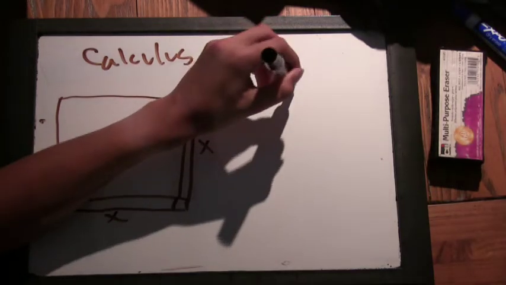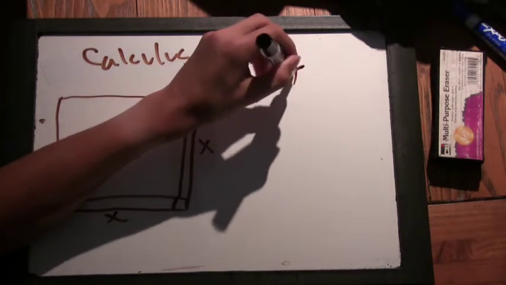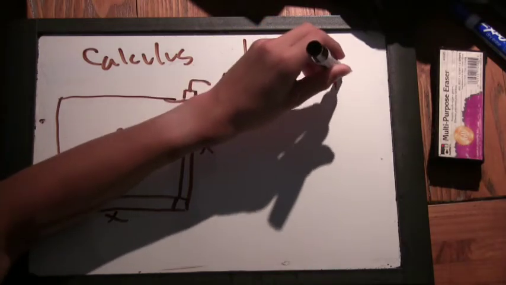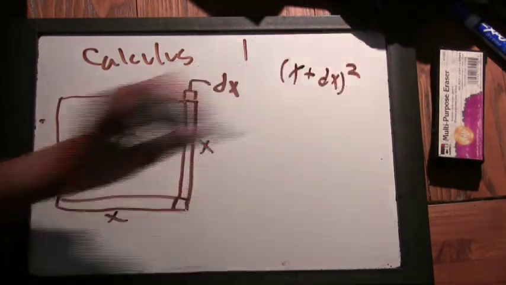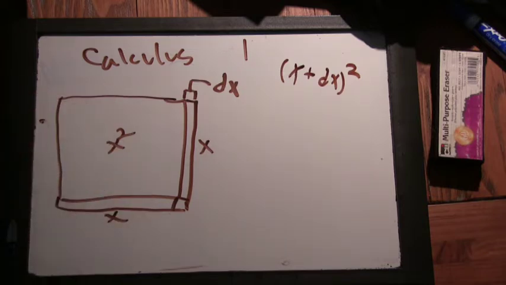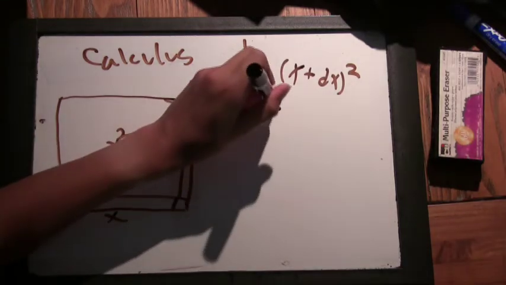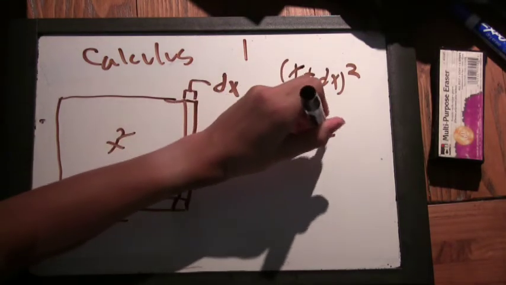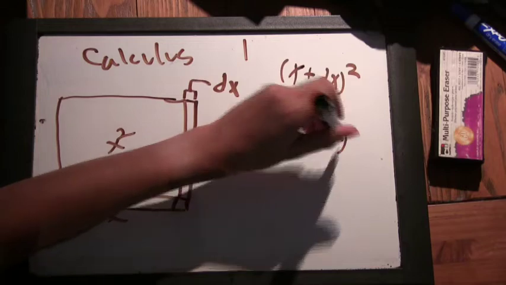And our first is, we say it's (x plus dx) squared. This is the new side length squared, our new area. Alright. And then our other one is going to be x squared plus (dx) squared.